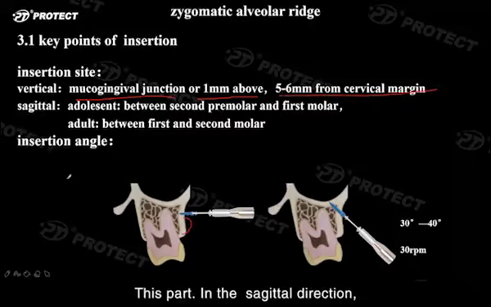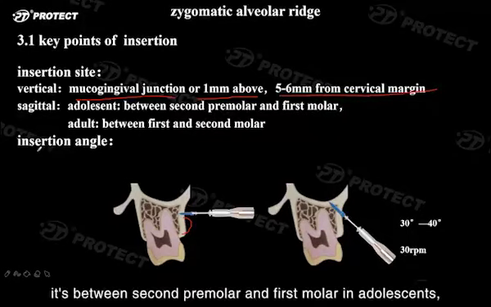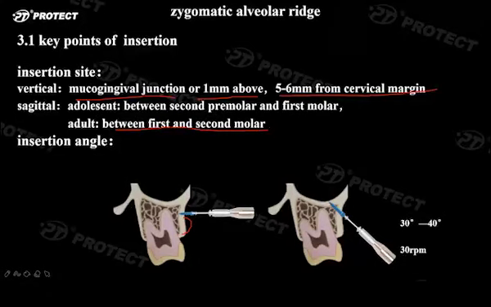In the sagittal direction, it is between the second premolar and first molar in adolescents, and between the first and second molar in adults.